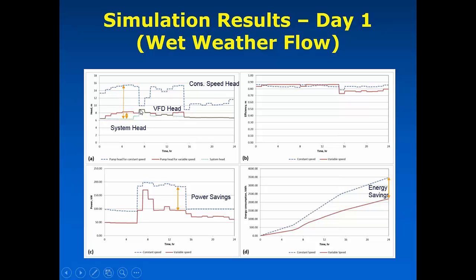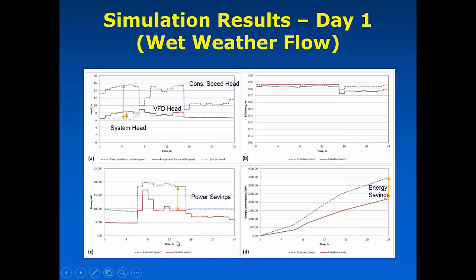Whereas the constant speed system was basically stuck with only being able to bring extra pumps online to meet that minimum requirement, and as the flow went up and down during the day, that may have provided quite a bit of extra head pumping as well. So that's looking at head here.